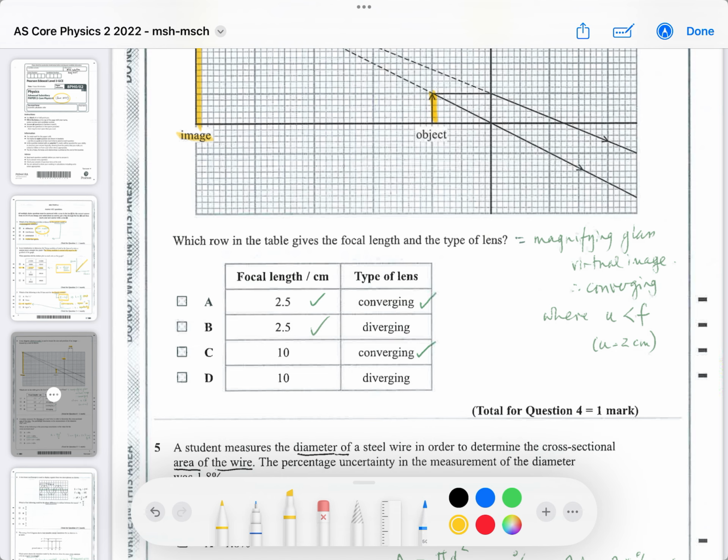To get a magnifying glass, you want the object to be within the focal length. So just inside, and the focal length is just more than the object, which will give you a great magnifying effect. The answer is A.